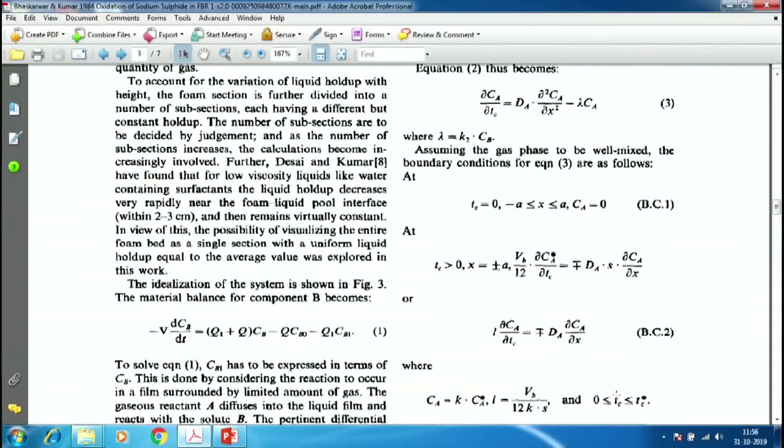Now, you have the second partial of Ca with x, ∂²Ca/∂x², and that means you require two conditions on Ca at two values of x. What are those two values of x we seek boundary conditions at?